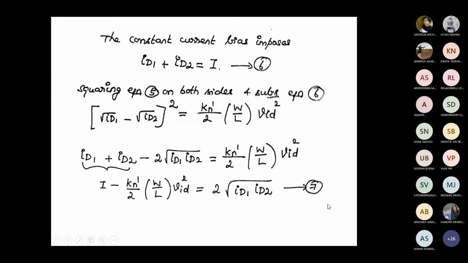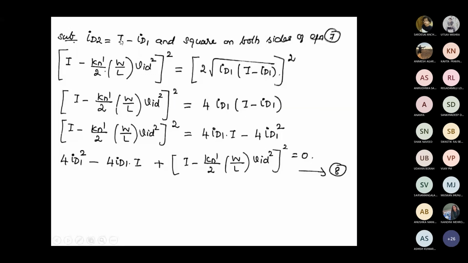Shall I proceed? Yes. So now in this, ID1 and ID2, we have two drain currents. So either we want it in terms of ID1 or ID2. So we are going to write ID2 as I minus ID1. We already know ID1 plus ID2 equals I. So ID2 is replaced as I minus ID1, and then we square on both sides of the previous equation.